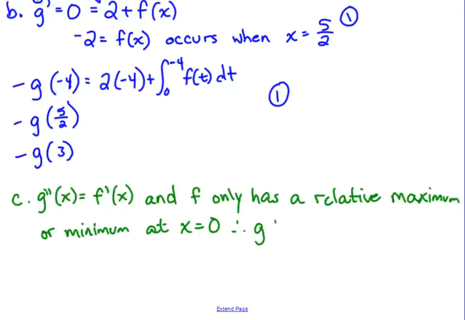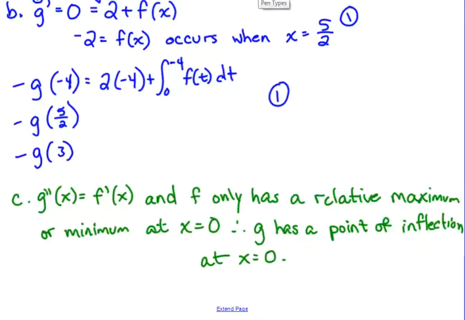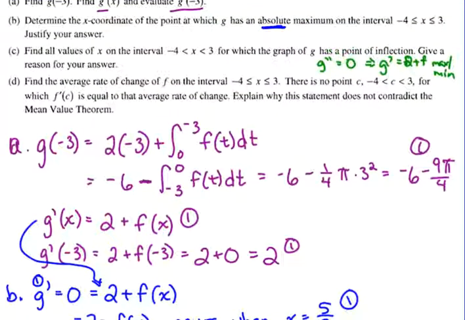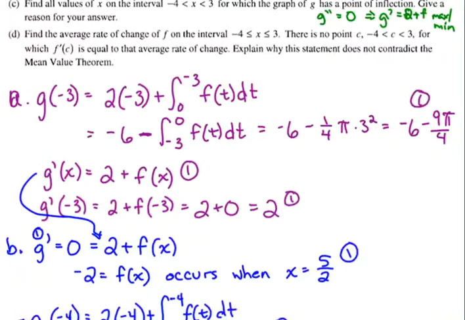Therefore, g has a point of inflection at x equals 0. Okay, 1 point, answer with reason. Okay, 1 pointer there. So if that one's a little tricky, it's just a 1 point part of your problem.